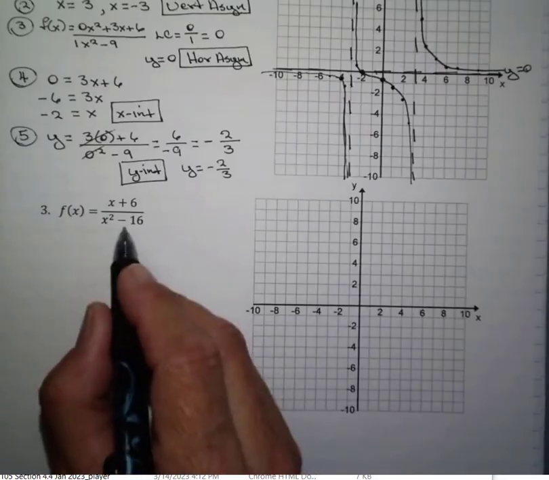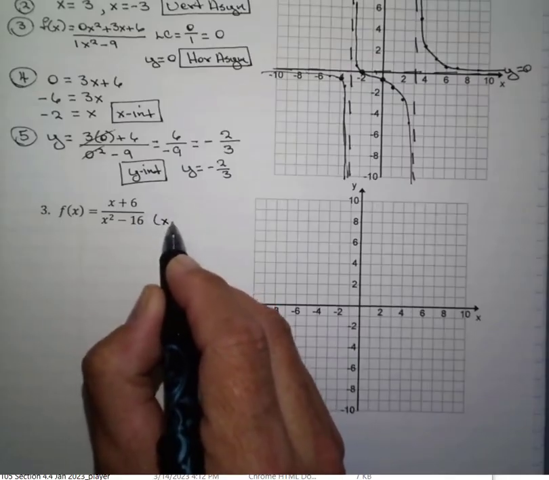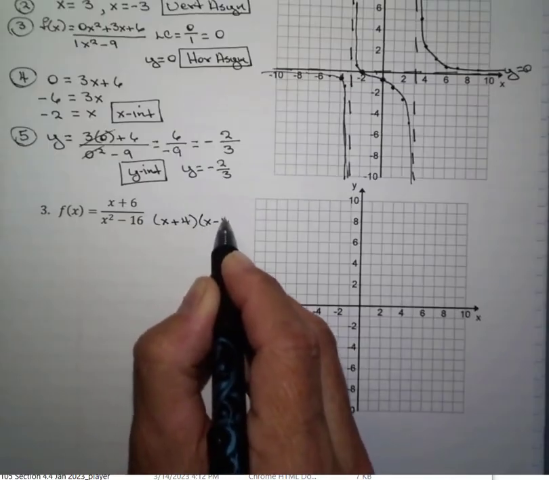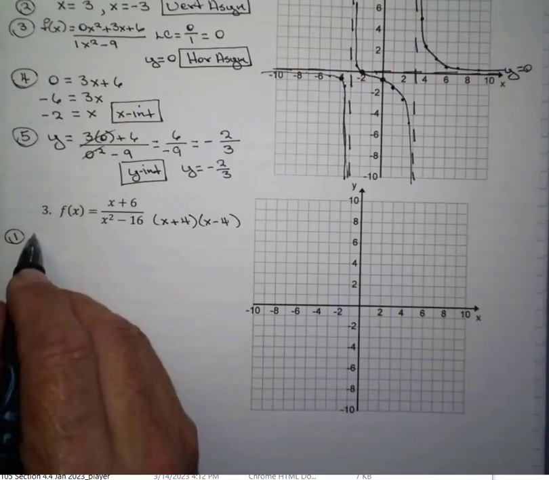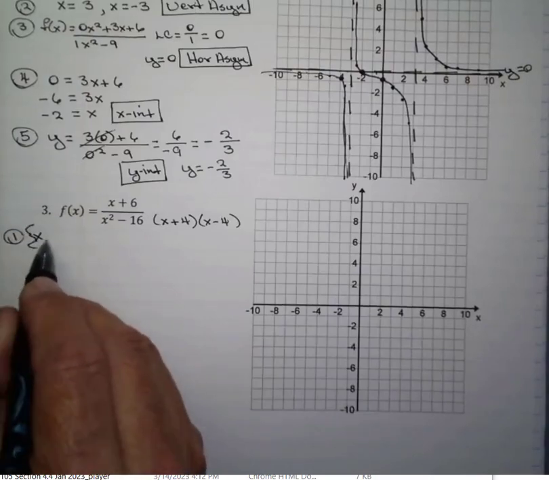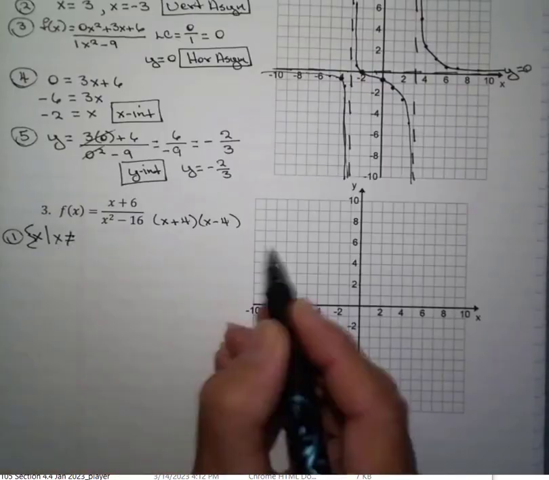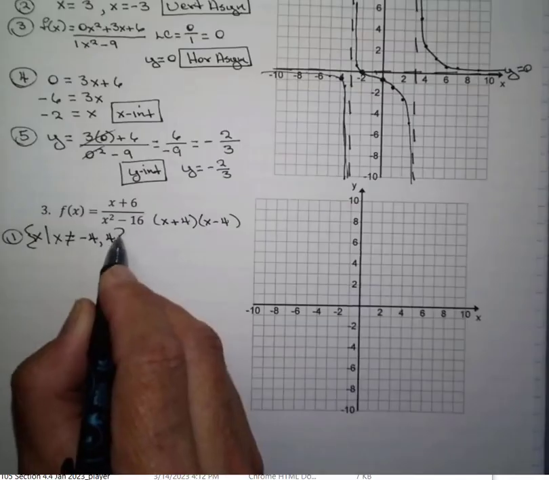First, I'm going to look for the domain, and I would factor this denominator. It's a difference of 2 squares. It's going to be x plus 4 and x minus 4. We can do that pretty simply. We'll say this is going to be the set of numbers x such that x is not equal to -4 or +4.